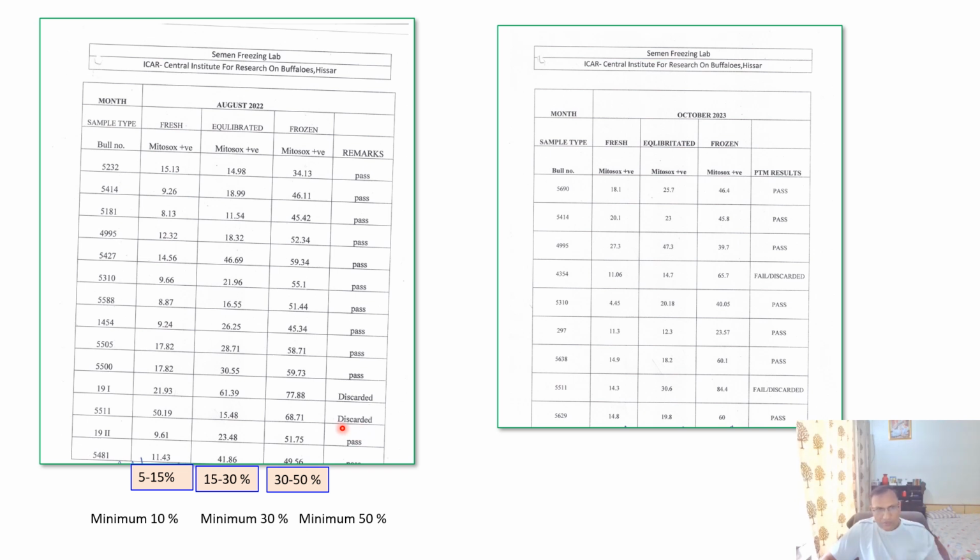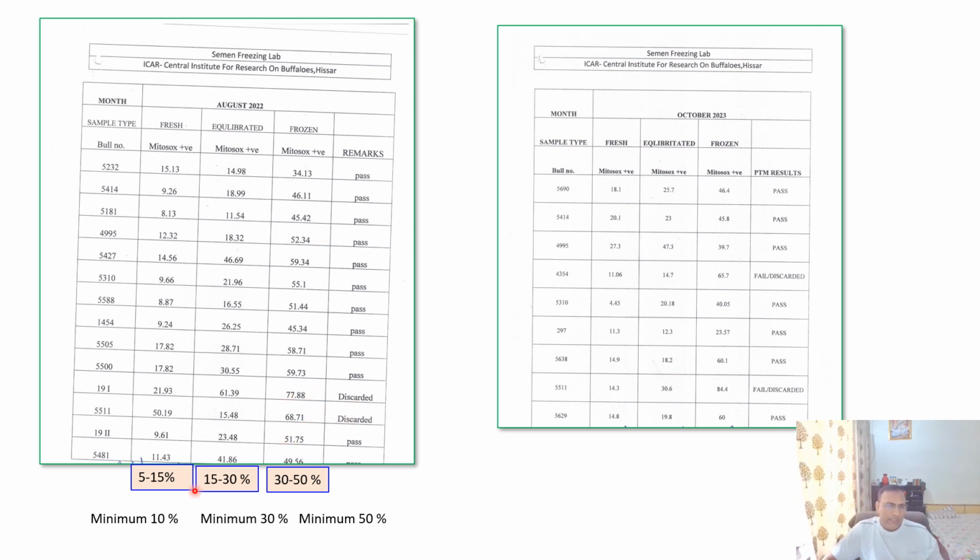If you look carefully, this ejaculate of bull 191 has MitoSOX in the range, but it is discarded. And this ejaculate of bull 5511 initially had a very high concentration of superoxides, and both are discarded. In frozen, it is again increased.